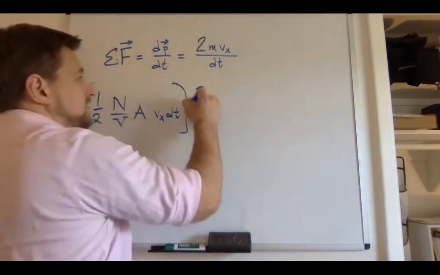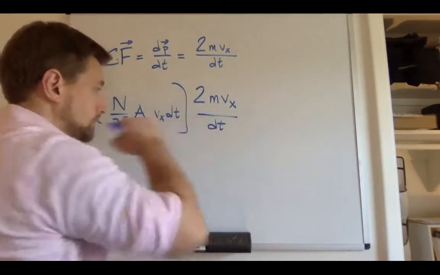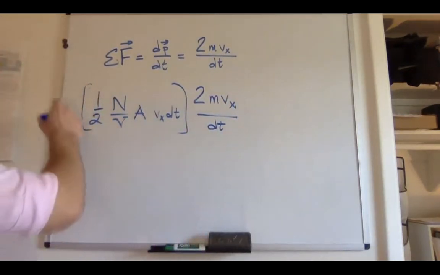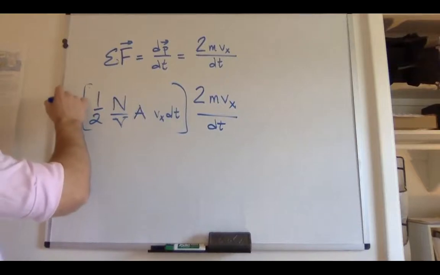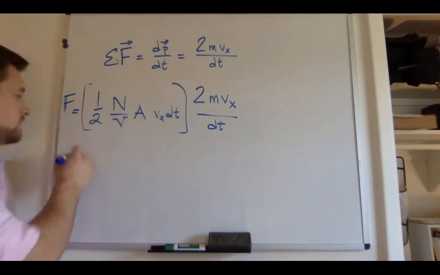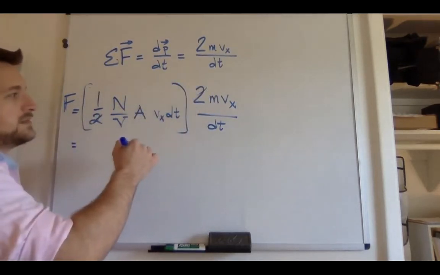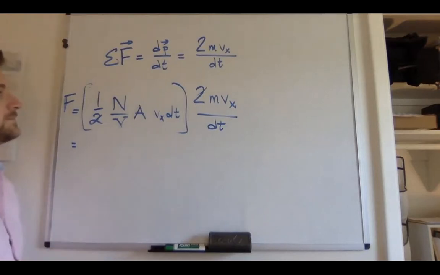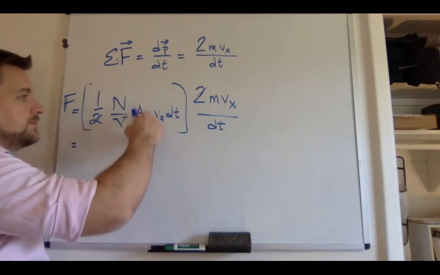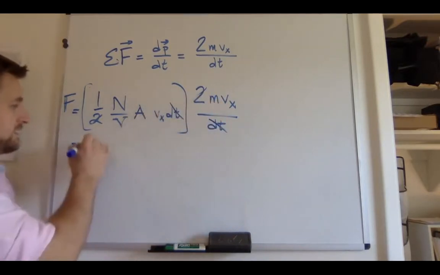This is the force that each one exerts. So the total force exerted on the wall, the twos cancel, and the dt's cancel, that's nice.